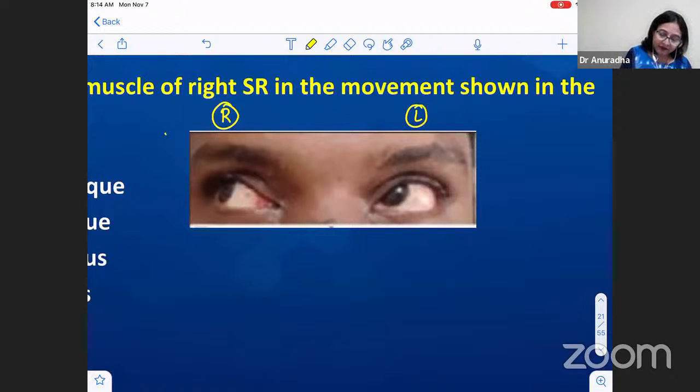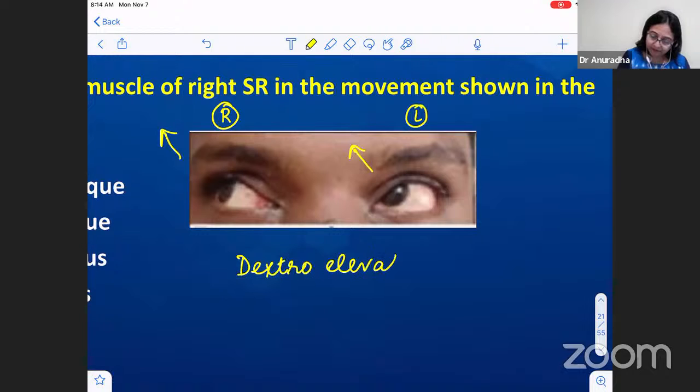The patient is looking right and up. Right and up means dextroelevation. So this movement is right and up. Agree?